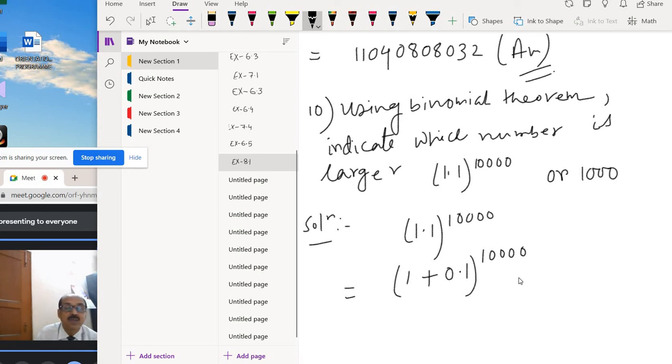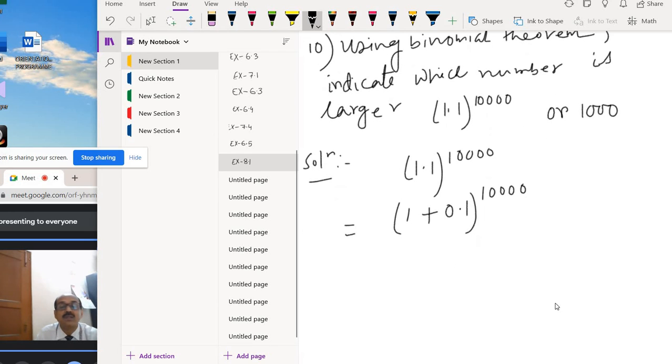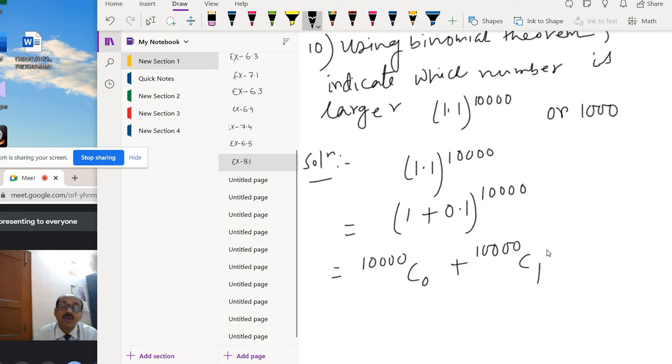Now using binomial theorem, here n equals 10,000, so 10,000 C0 into 1 to the power 10,000, 1 only, plus 10,000 C1 into 1 to the power 9999 into 0.1.